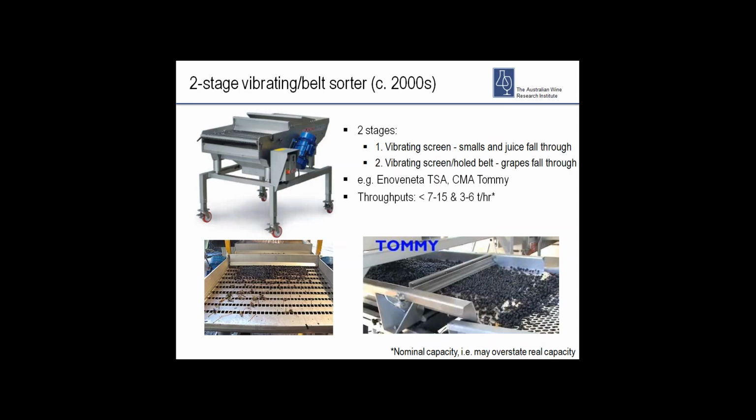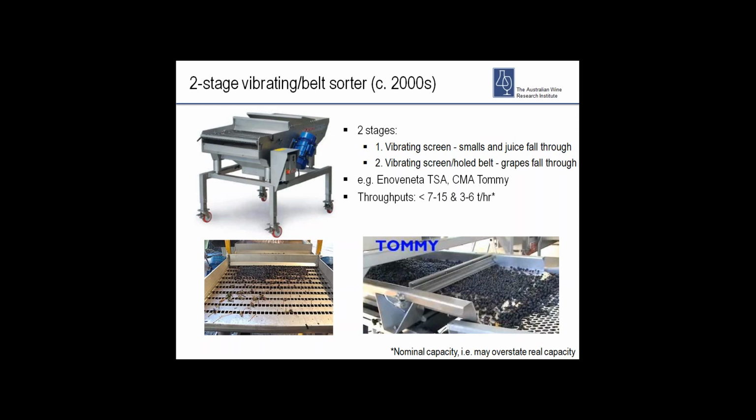So I guess the next extension of having a manual sorting table with some small slots that juice and smalls can fall through is to have a second stage screen with holes or prongs that grapes pass through. The devices on the left just use a vibrating screen for this second stage that the grapes fall through, and then the petioles and stuff get conveyed off the end, and the device on the right has a belt with holes that the grapes fall through.